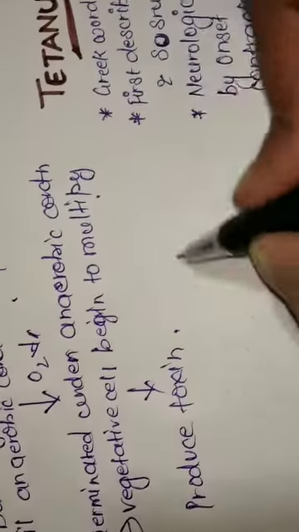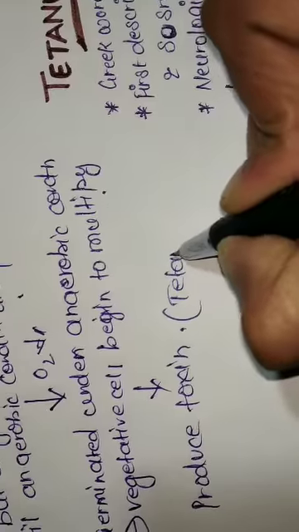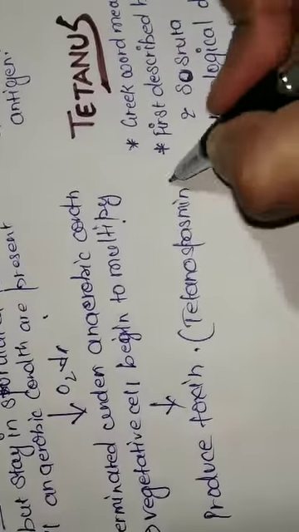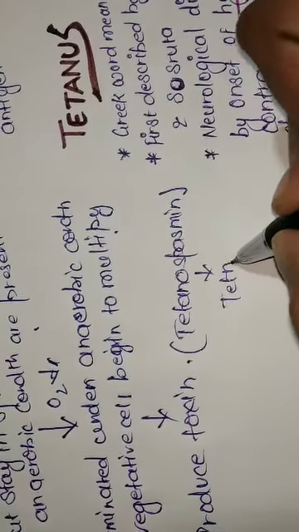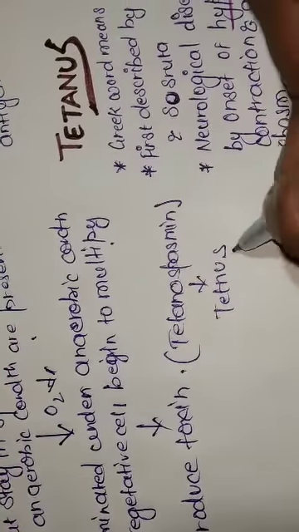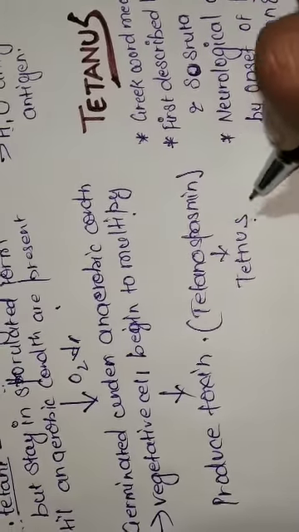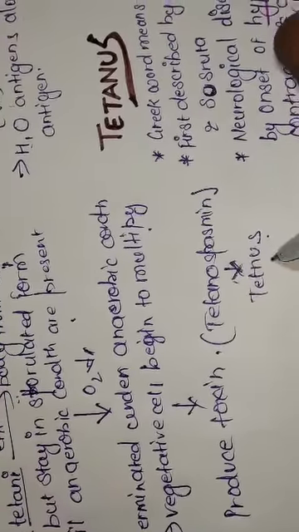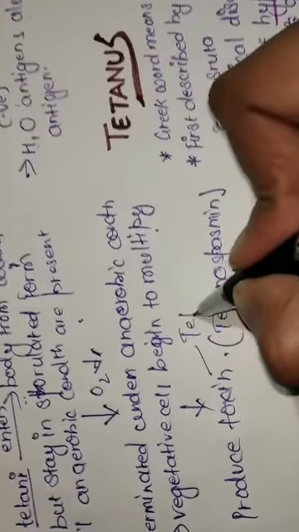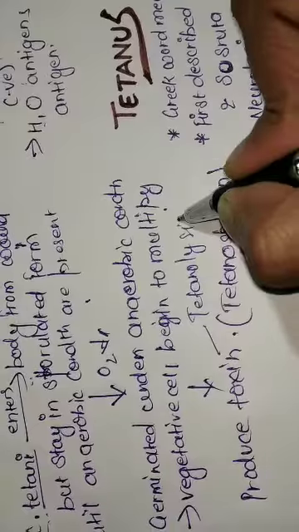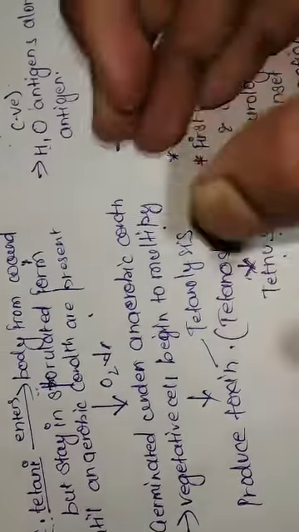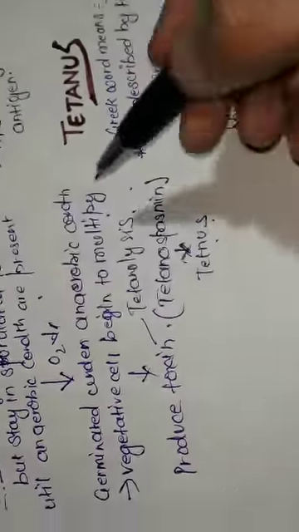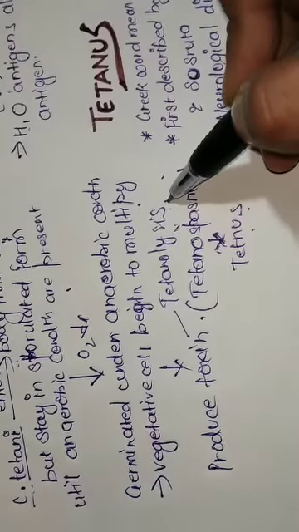But in that, tetanospasmin is more effective for tetanus. It is believed, or it's proved, that it is the significant cause of tetanus. If we talk about tetanolysin, it is not believed to have any significance in the clinical course of tetanus, because it is only for red cell lysis.